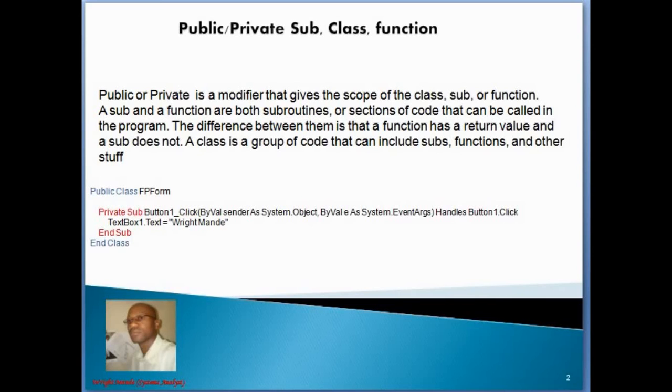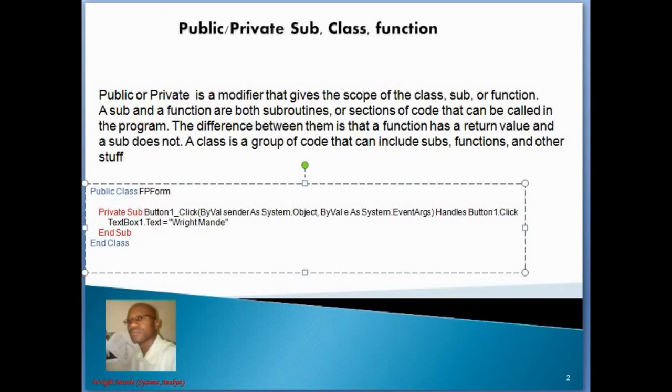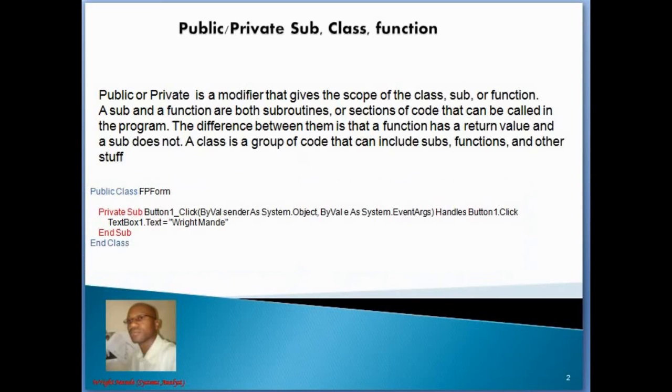If you look at the code that we have here, we have a class. This is our class, and the class is a form. So simply our form is a class, and within that class we have a private sub.